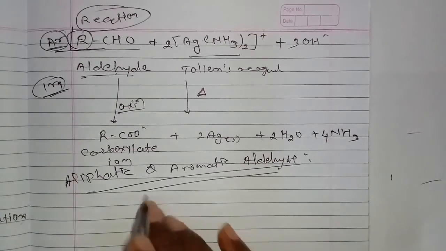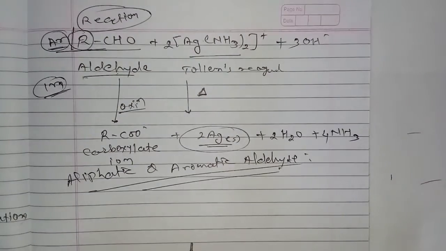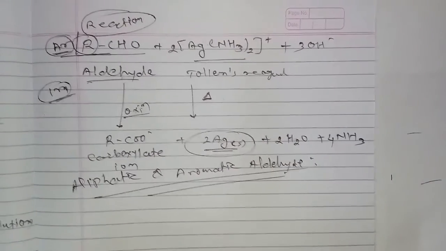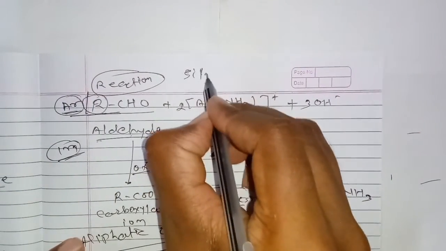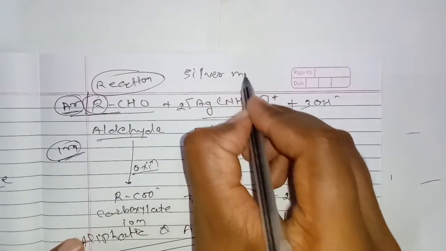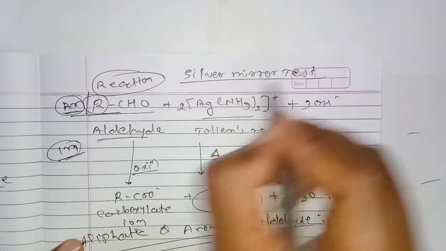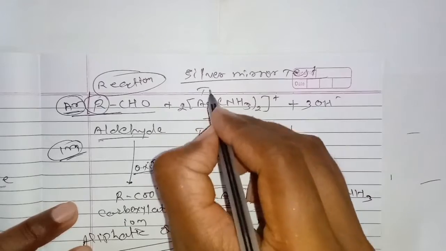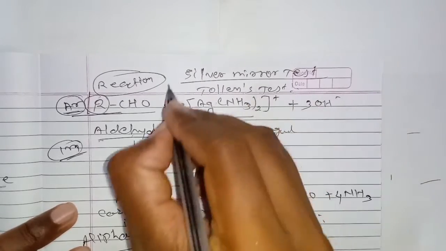Here, bright silver is produced, so it is also named the silver mirror test, or Tollen's test.